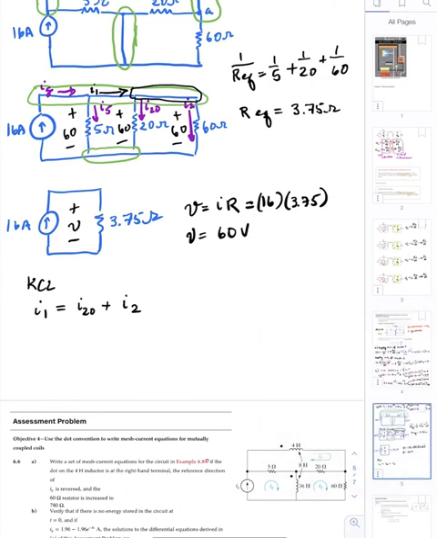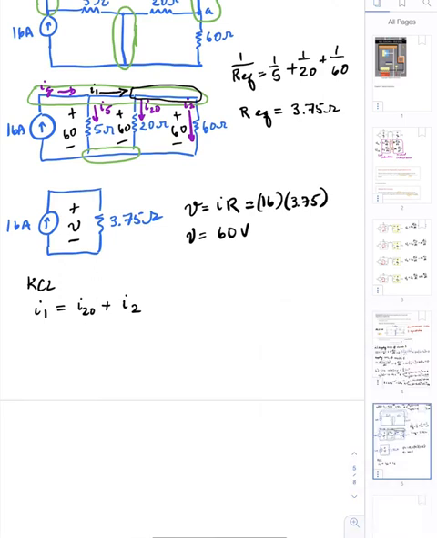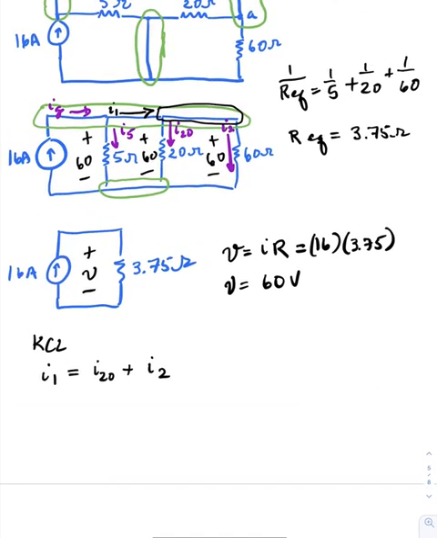Hang on a second, let me make sure I'm in the right place. Yes, I am. Let's add a page here. Okay. So I sub 1 is equal to 60 volts over 20 plus 60 volts over 60, which is equal to 3 plus 1, which is 4 amps.